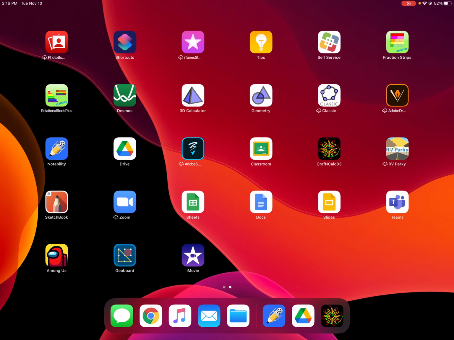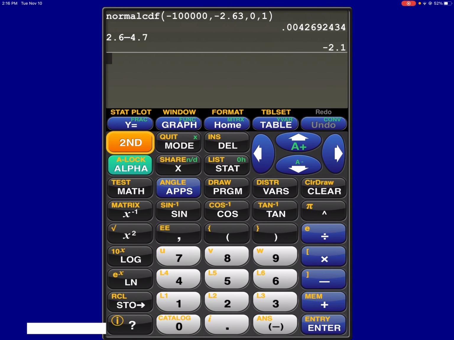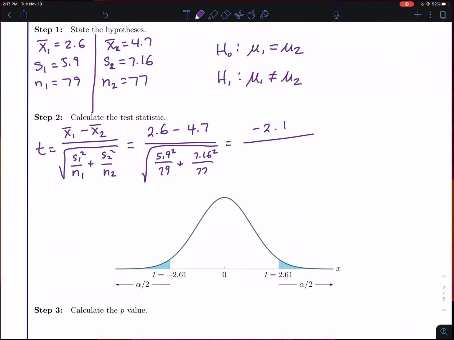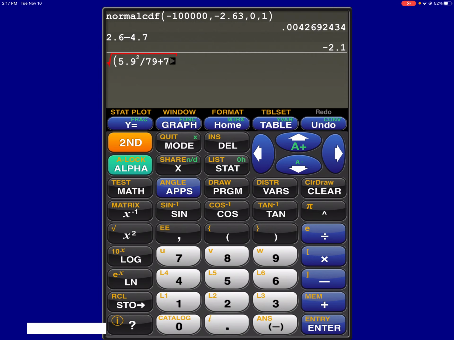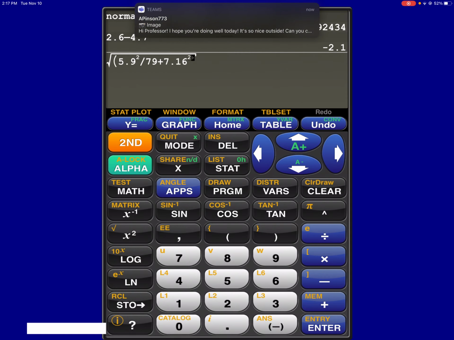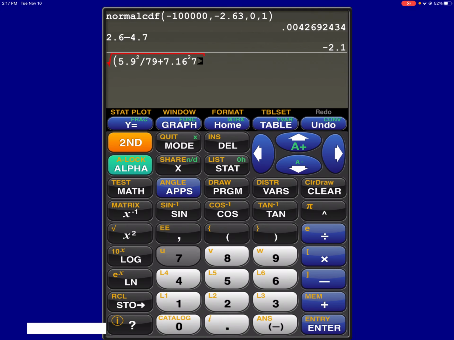So square root, parentheses, 5.9 squared, and then get out of the exponent, divided by 79 plus 7.16 squared, divided by 77, in parentheses.